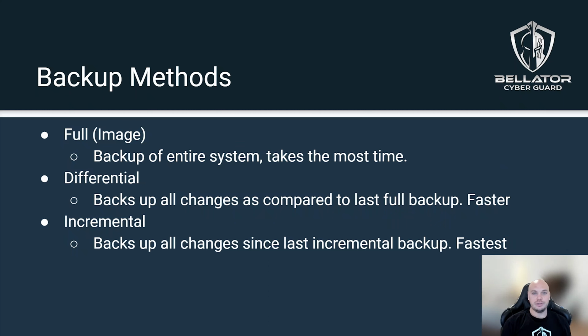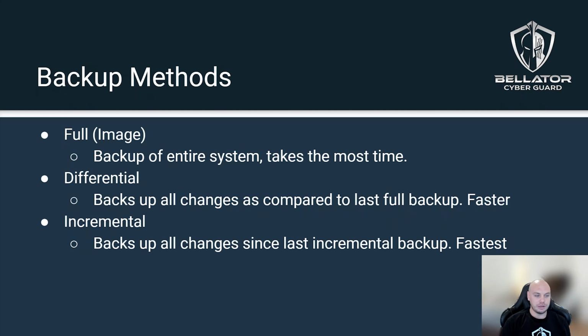Come Wednesday, you would do all of the changes still since Monday. Same with Thursday, everything since Monday. So you can see how this is a little faster than doing everything as an entirety, doing an image backup every day. However, by Sunday, you're copying a lot of changes because you're looking at 6 days of changes.